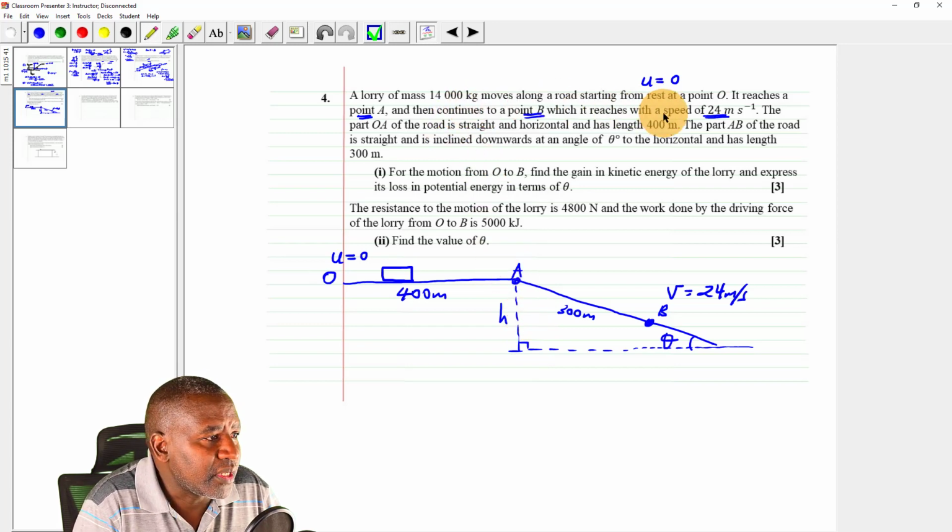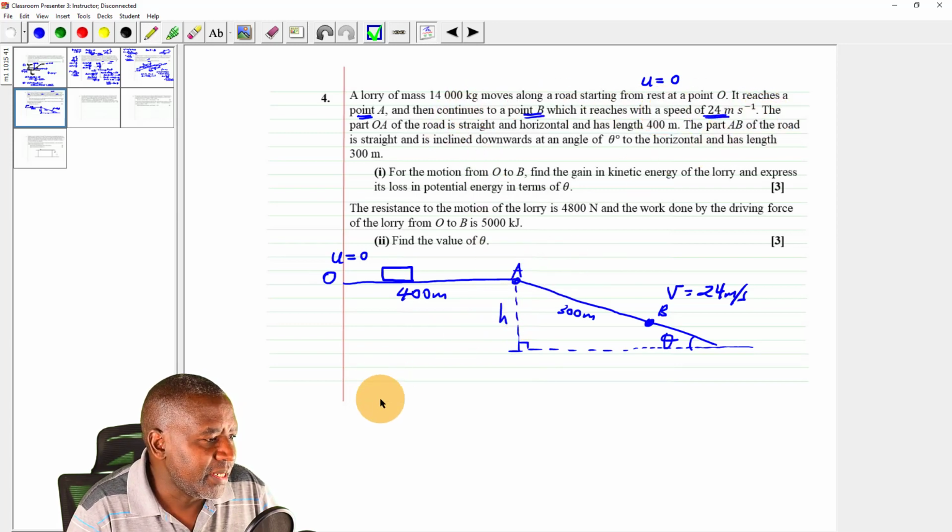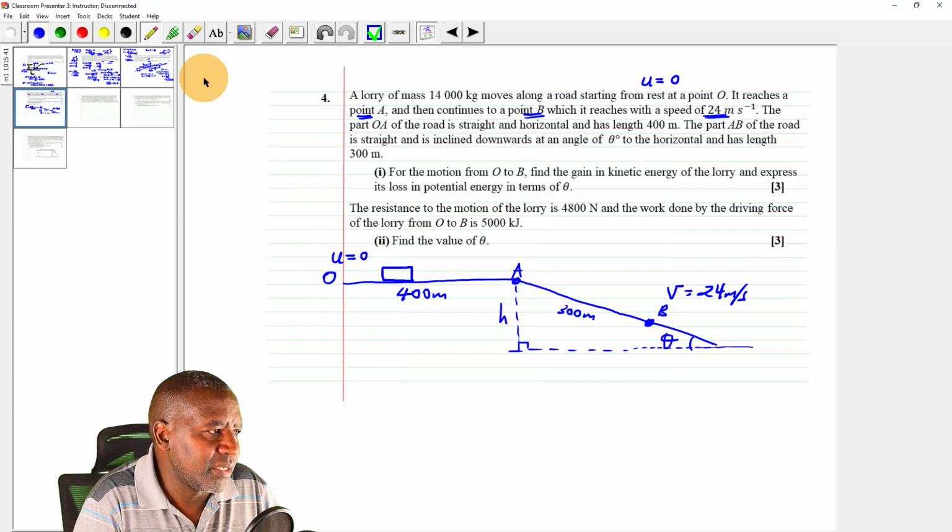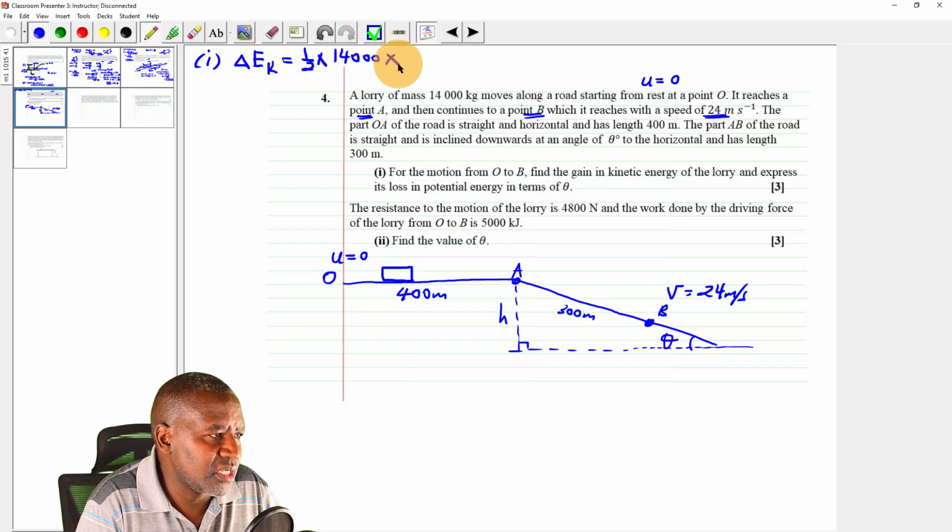Any other information? Let me first of all work out the gain in kinetic energy. The gain in kinetic energy is going to be equal to a half times the mass, which is 14,000, times v squared, which is 24 squared, minus u squared, which is that much.